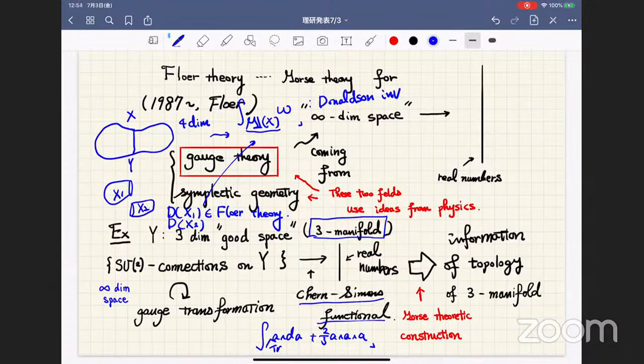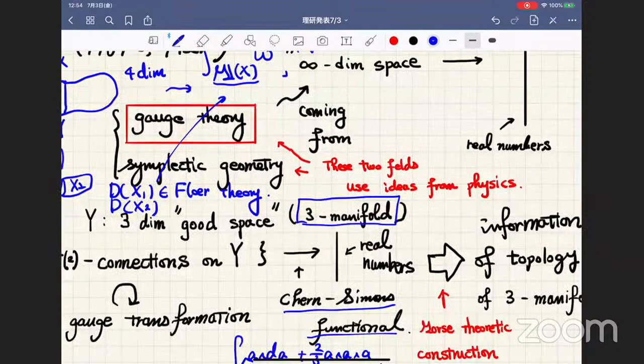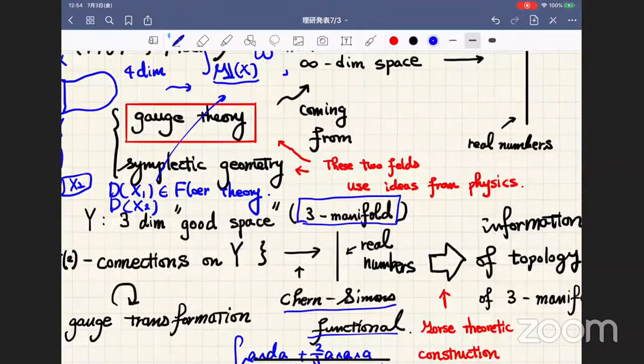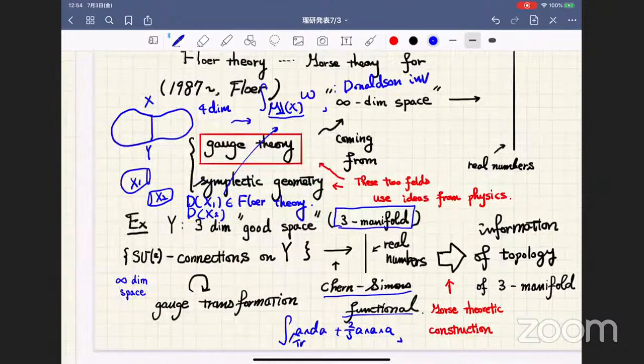For defining Floer theory, I think maybe the special dimension is less than or equal to 4, not 3. If you think about a space of dimension greater than or equal to 5, then the theory is kind of homogeneous.